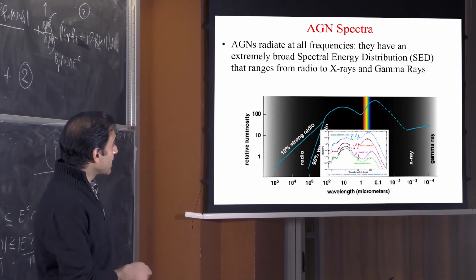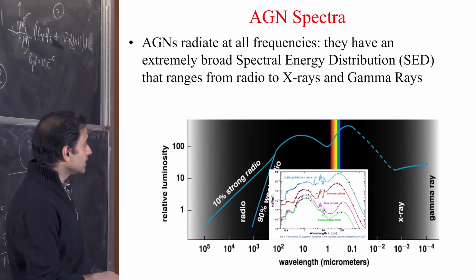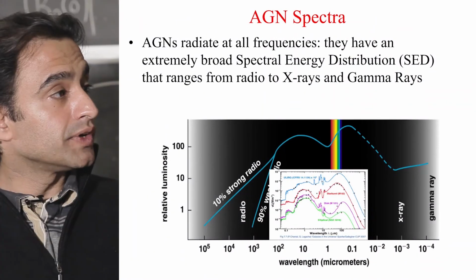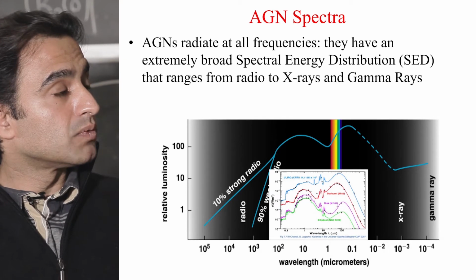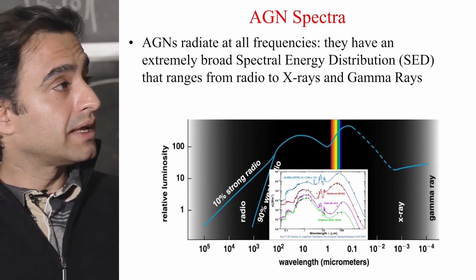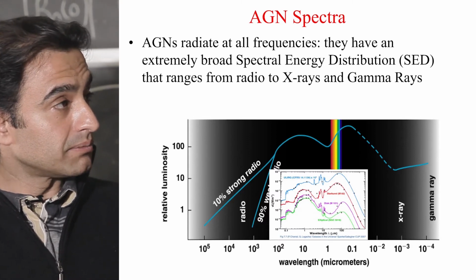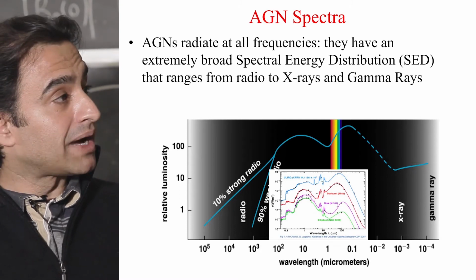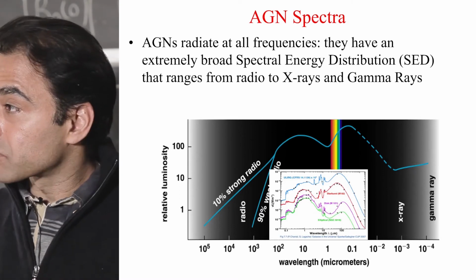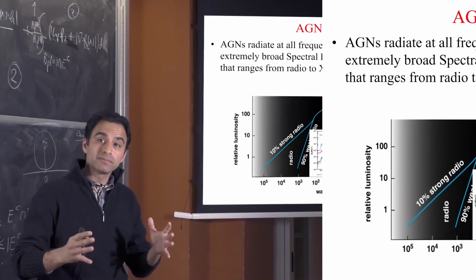If you were to compare this with the spectrum of a typical galaxy, the spectrum of a typical galaxy will die off over here and over here, while instead the spectrum of an AGN is, first of all, much larger, much higher, and much wider than the spectrum of a normal galaxy, a galaxy that is not active.